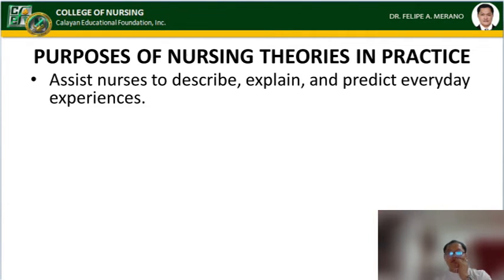And if we render first aid, we can predict that wound healing will take effect, because we know we rendered the proper first aid so that the patient will not have further bleeding in the wound received by the patient.